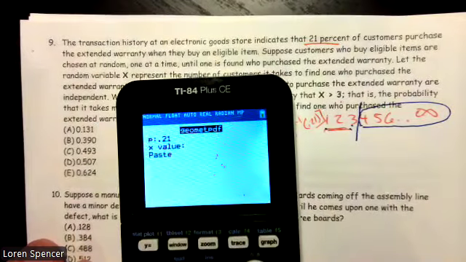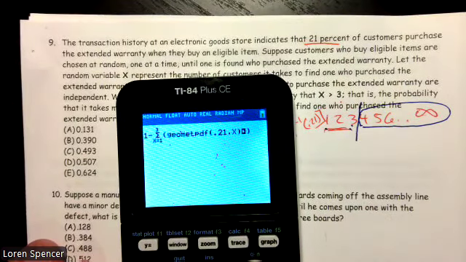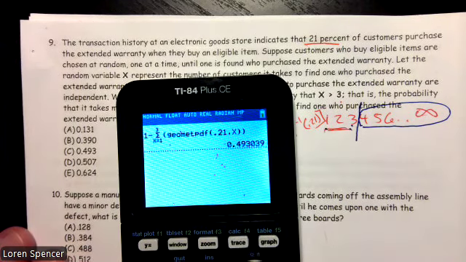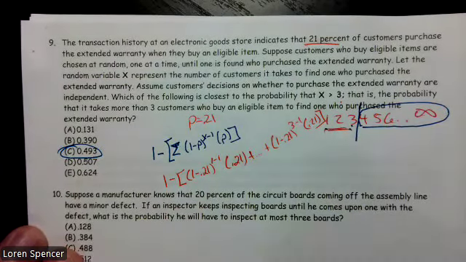For the X value, remember, whenever you have summation, you have to use the X. And we end up getting 0.493. So our answer choice to this question is C, 0.493.